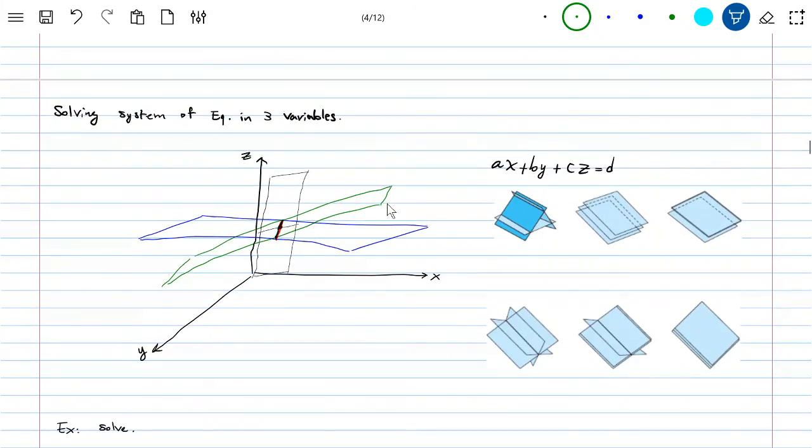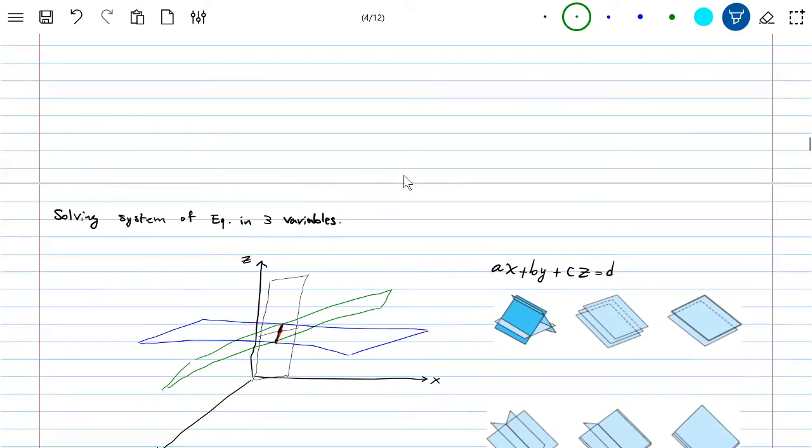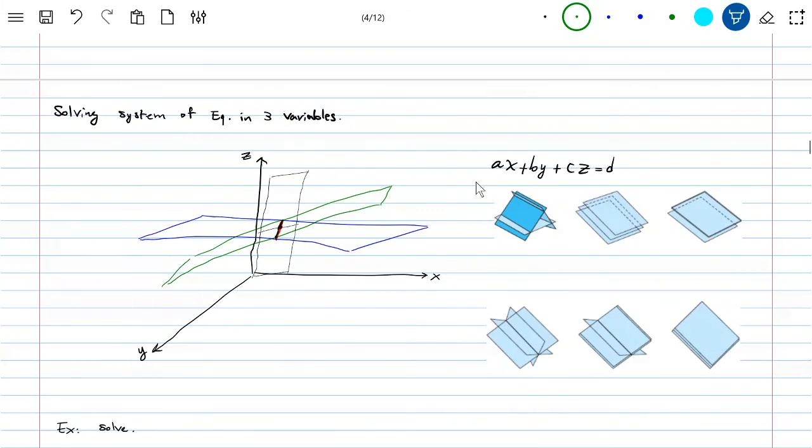Okay, so here, this is solving a system of equations in 3 variables. We've talked about 2 variables. 3 variables is exactly the same as 2 variables, but there are more steps to solve the system because you have more variables to deal with.